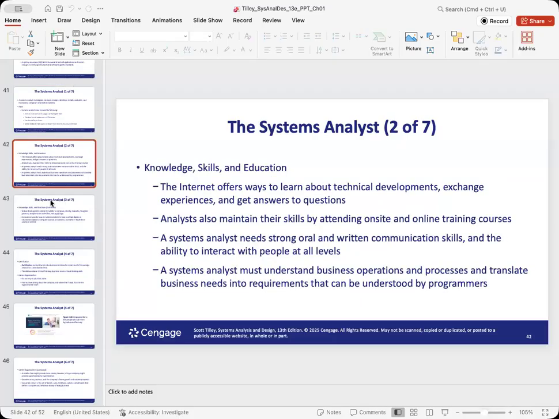So sir, for what you just said, let's say the network is down, then the network administrator says there's a network glitch. It's up to the systems analyst to explain these terms to the managers. Exactly.